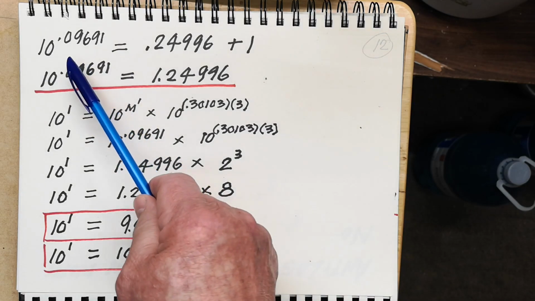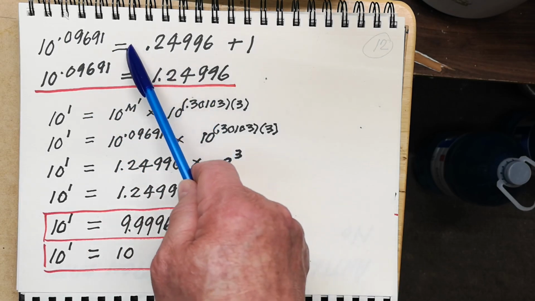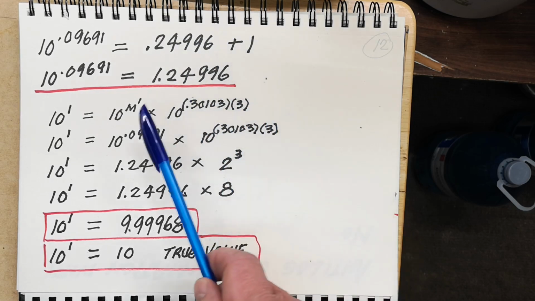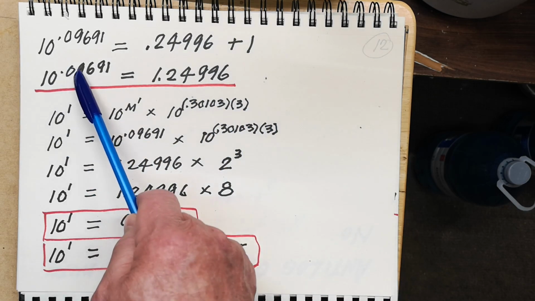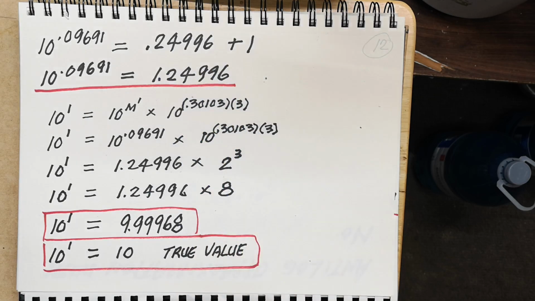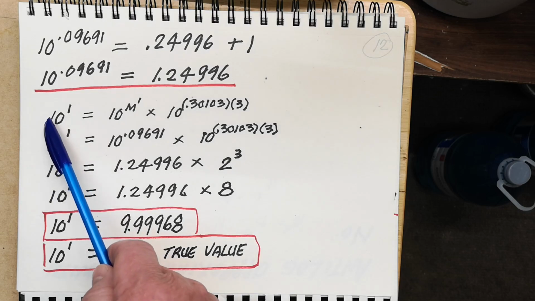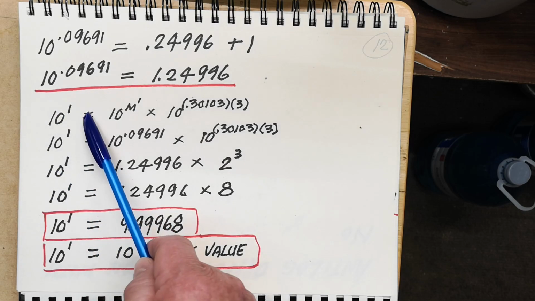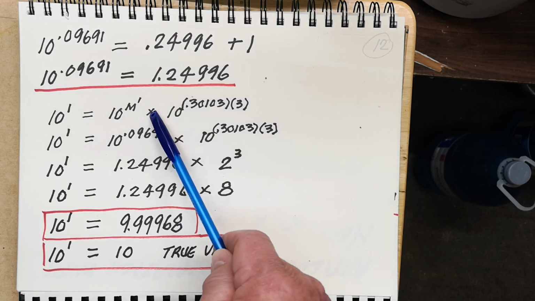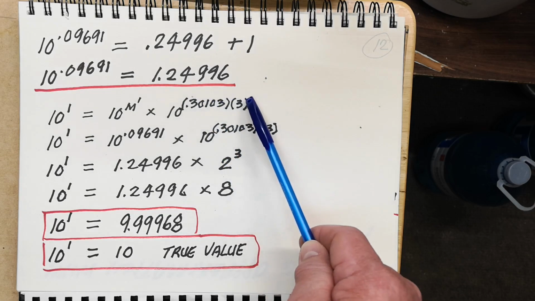And here we see that 10 to the 0.09691 equals 0.24996 plus 1, so 10 raised to the 0.09691 equals 1.24996. Going back, 10 to the 1 equals 10 to the m prime times 10 to the 0.30103 times 3.